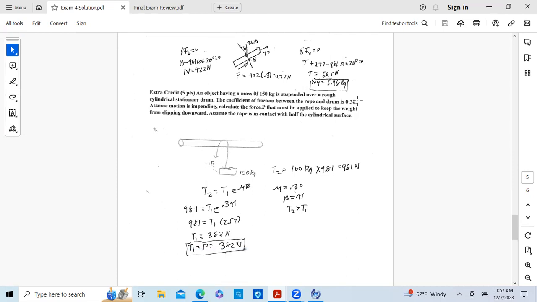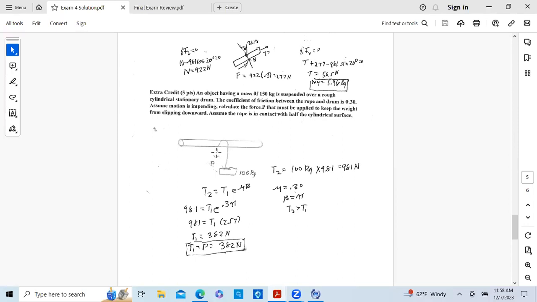This extra credit problem is one we did in class. This is belt friction. So we have a 100-kilogram mass. There's some type of belt or rope system around this cylinder. We want to know what this force P is over here.